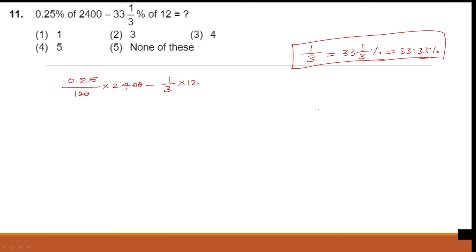So now 0.25 into 24. Okay, I'll take it like so, 25 minus 1, so 0.25 into 25 minus 1, how much is this? Just 6. Okay, so minus, so how much will we get? So direct answer, right?